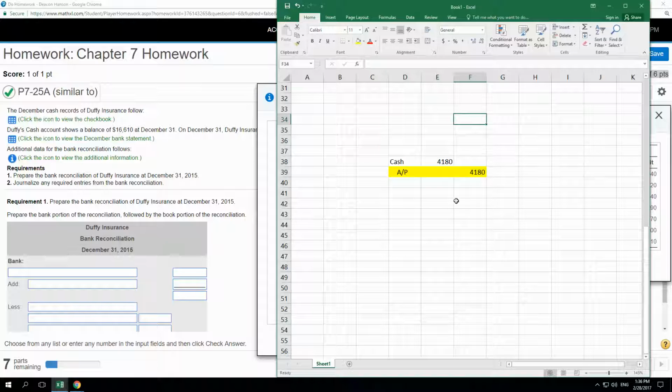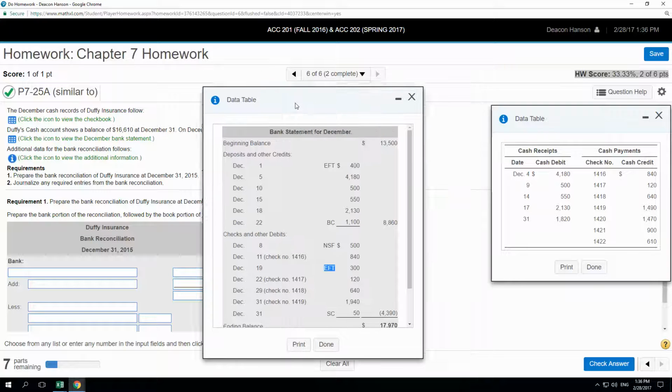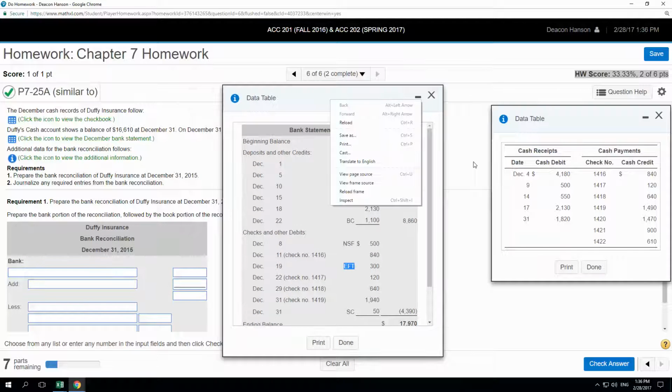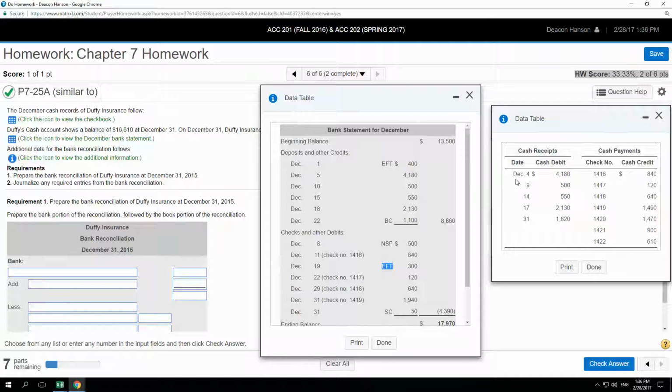Okay, for us on our books, we're going to treat it as a debit to cash. So it kind of flip-flops here, but don't let that throw you off. Just for this moment, when you're looking at the bank statement, you can go back to your old way of thinking.